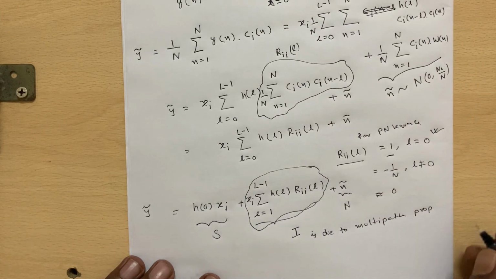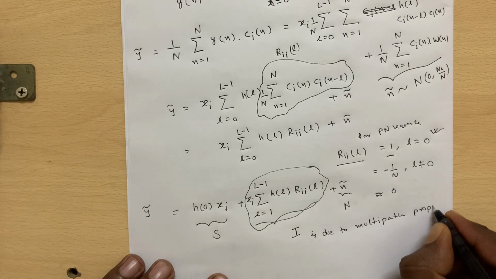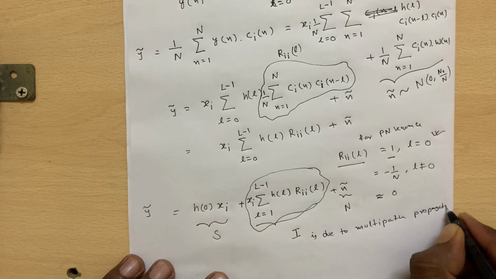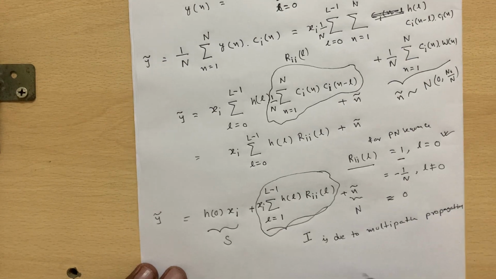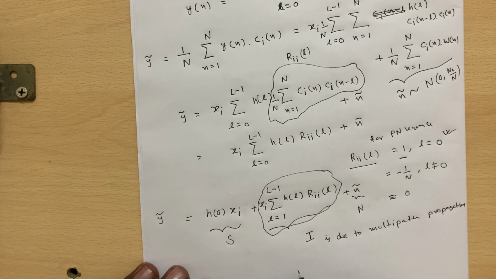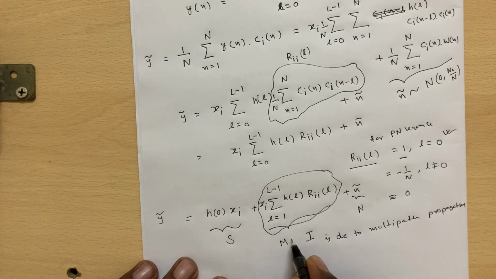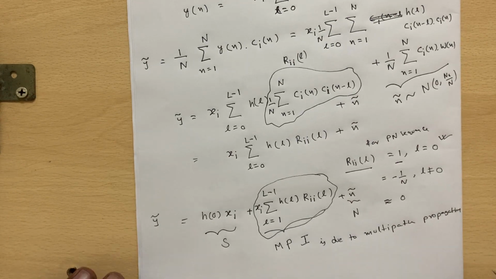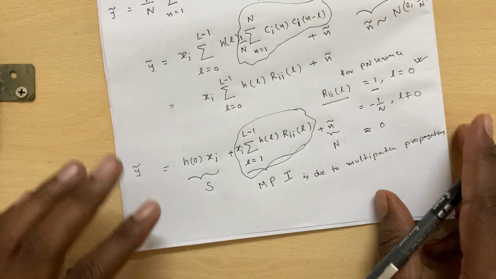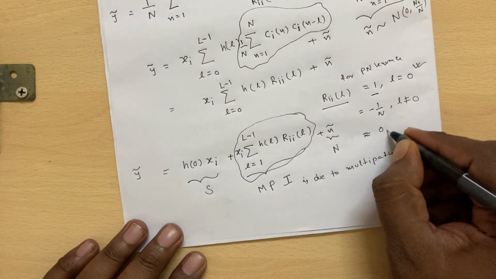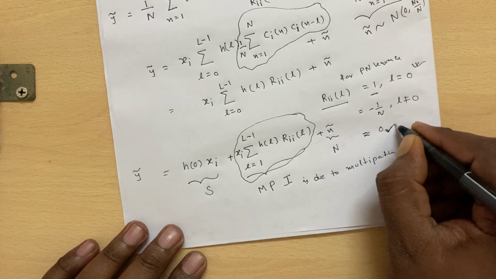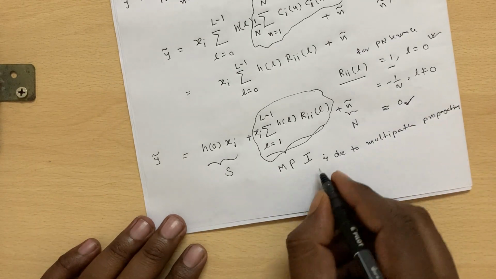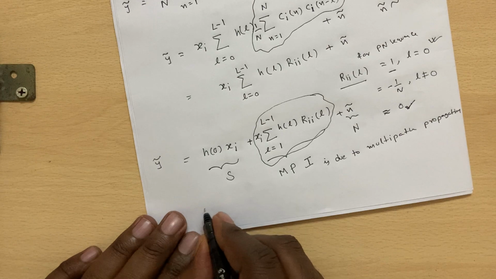This interference is due to multipath propagation, and it is also called multipath interference. So you can take this as 0, or near 0 at least, because of the good autocorrelation properties of the codes used. So it may be 0 or near 0.